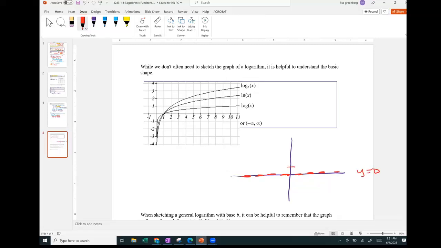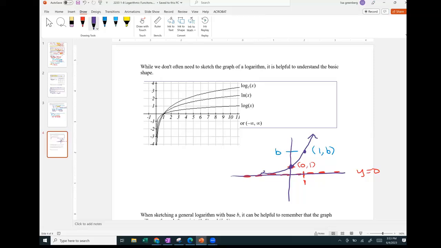It always goes through the point 0, 1. It always goes through the point when x is 1. So we have one point here, that's at 0, 1. And we have another point here at 1, comma b. Okay? That's basically how the exponential function works, right? We've seen this before.